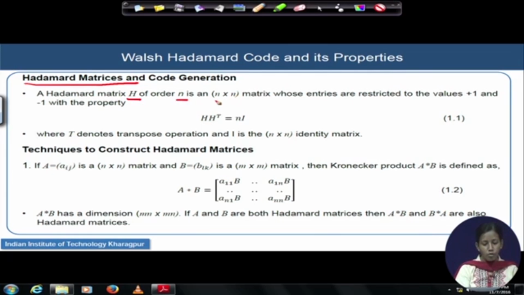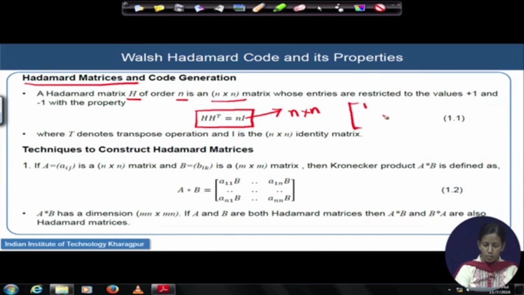Then it is an n cross n matrix whose entries are all either +1 or -1, and it has a very unique property that H times H transpose gives n times I, where I is the identity matrix, also n cross n.